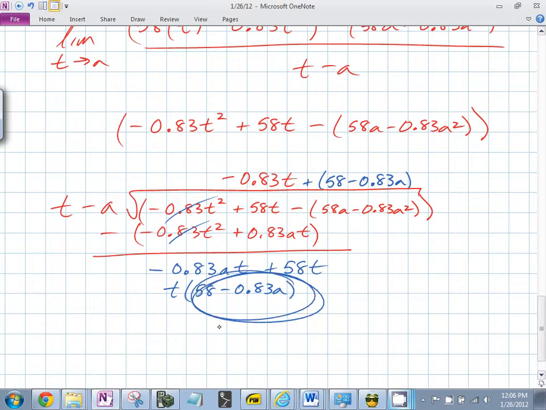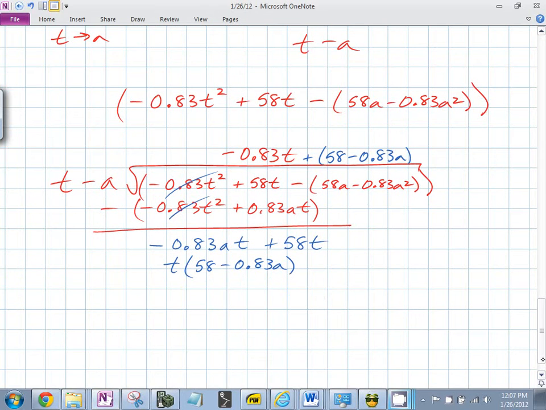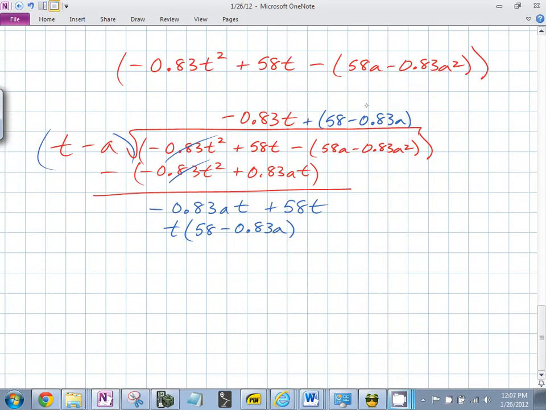But now what do you have to do? You have to take this thing right here and multiply by both of those, right? So how many terms are you going to get? 4. You're going to get 4 terms. You just have to be really careful about this. We can now just bring this down to make it easier. It's 58a minus what? No, I'm bringing this down right here: 58a minus 0.83a squared.